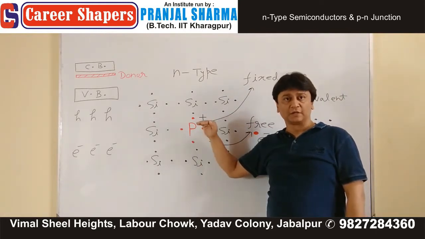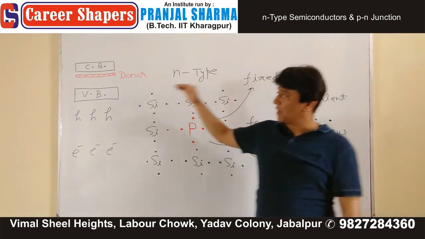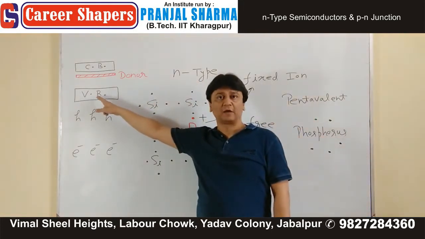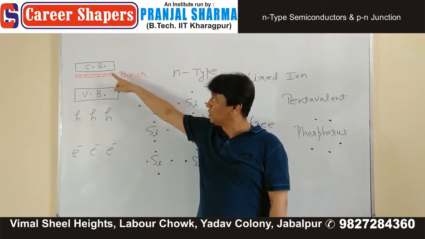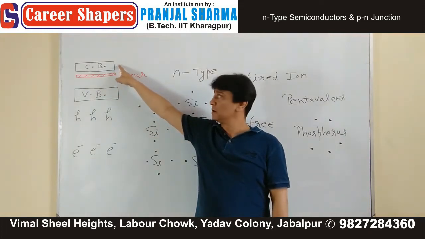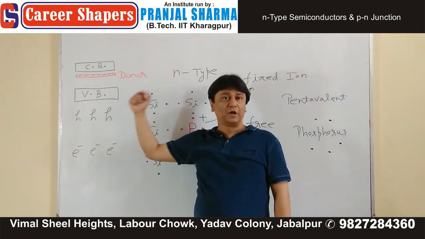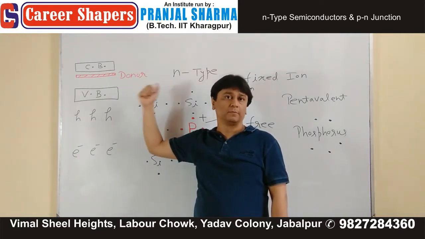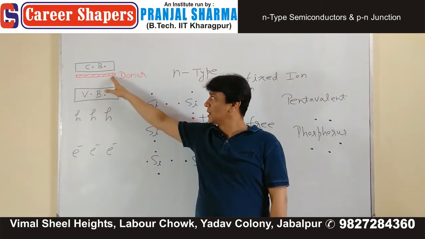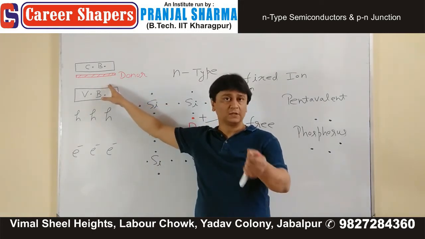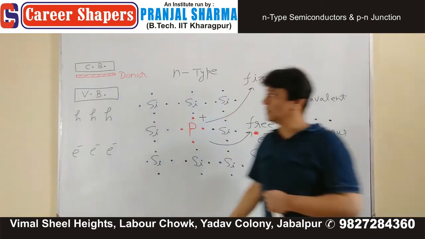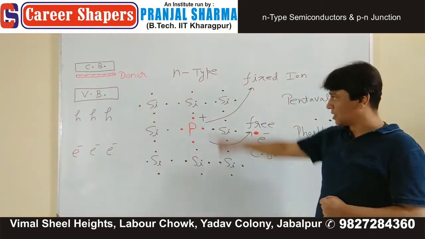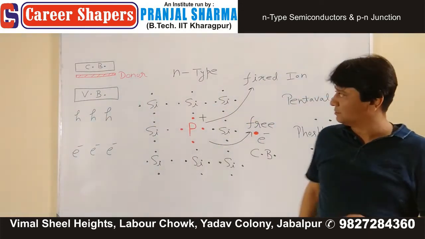Its energy is way higher than the energy of valence band electrons. It is closer to what? Conduction band. When we drew this thing for aluminum p-type, this energy band was closer to valence band, which we did in the previous lecture. Draw that figure.